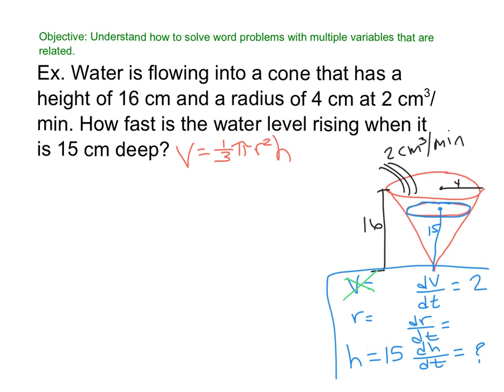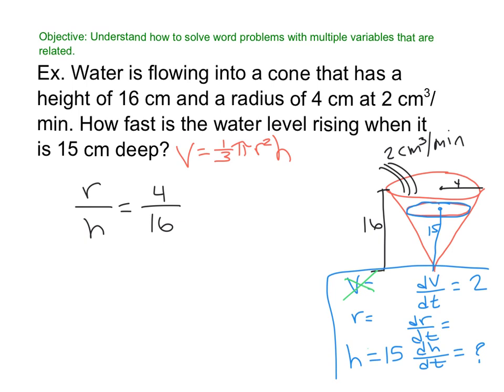So here's what we're going to do. We are going to use that 16 and that 4, and we're going to make a proportion. Radius over height equals, or you can do height over radius, it really doesn't matter. The radius was 4 and the height is 16. These are in proportion, they're similar cones.